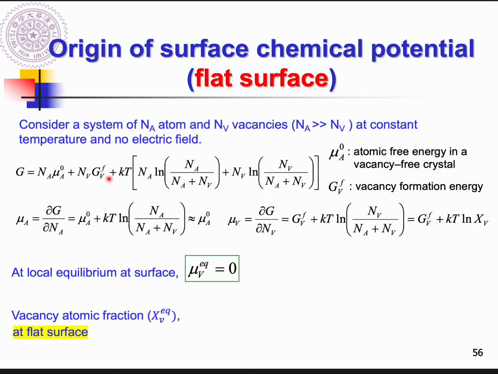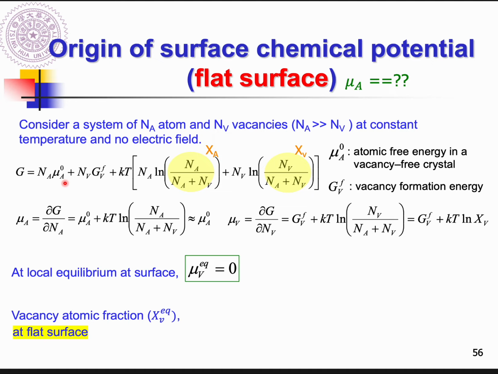And as you know, inside this material, the atoms and vacancies mix well together. So this term is actually due to the mixing between the atoms and the vacancies. So you get the KT log XA and Nv KT log XV, right? Okay, so now you got this result, right?